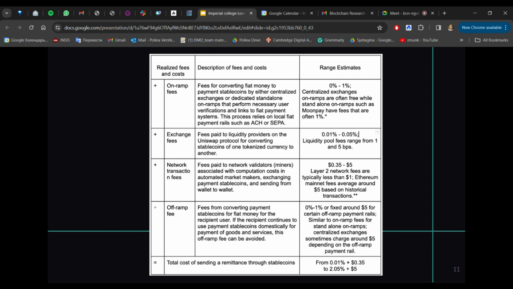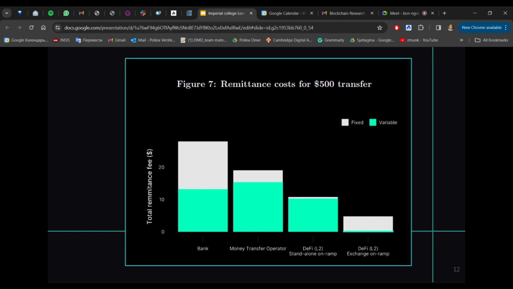This is a calculation of approximate benchmarks. How much would it cost to send money using DeFi? And we see that it's generally not more than 2%. That's basically my personal experience too.